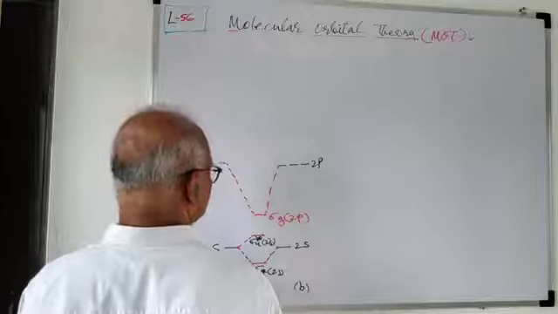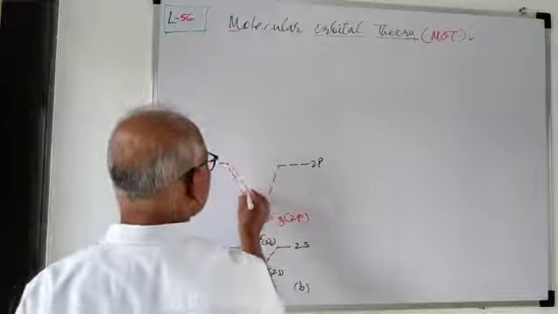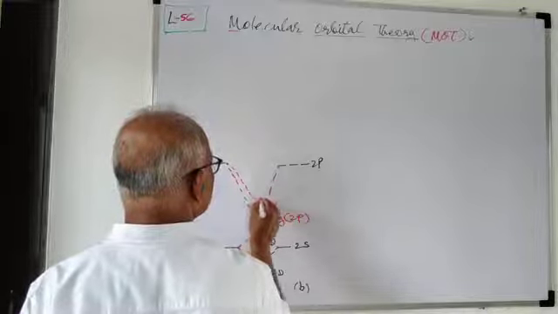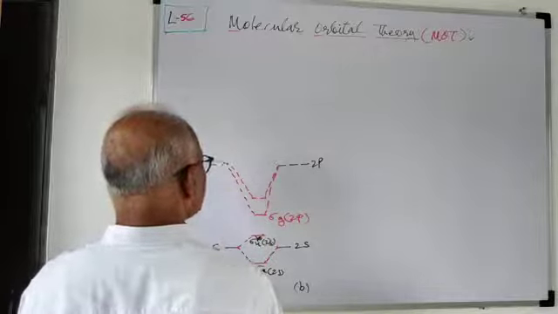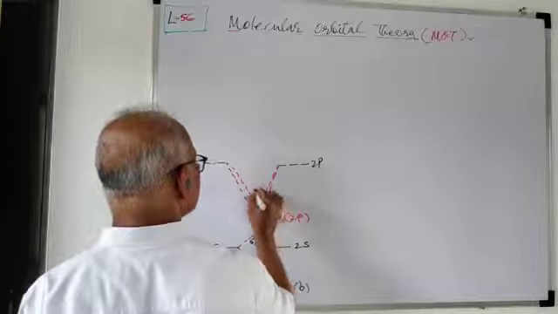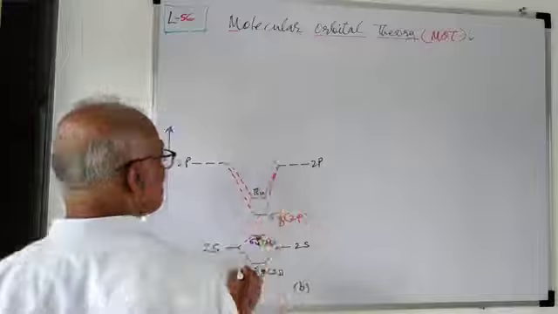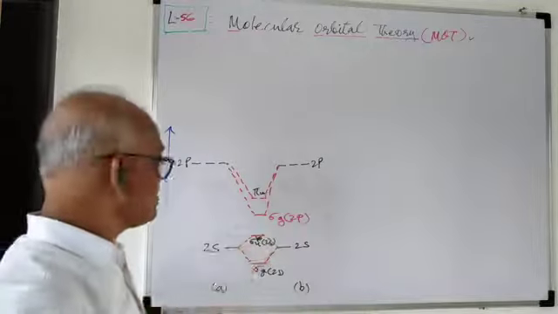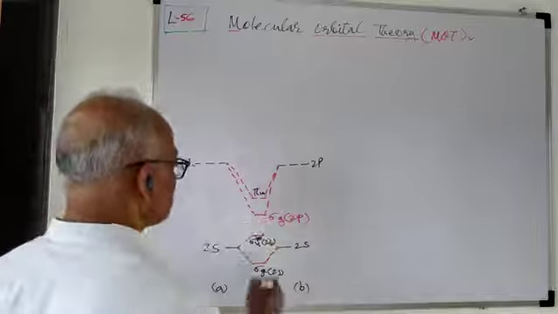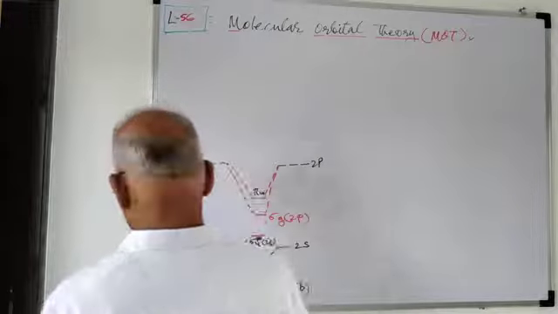Now we will have the molecular orbitals of pi nature. There are 2 such orbitals which are called pi symmetry orbitals, and there is only one sigma g symmetry orbital.